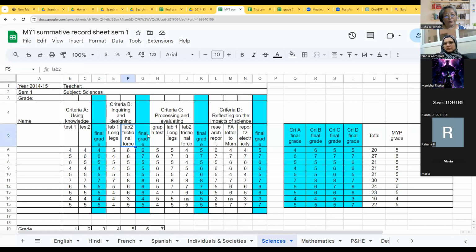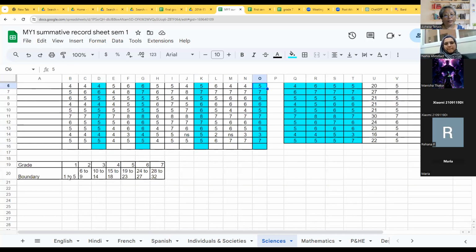In the 2 labs, the student has got a 5 and a 6. My best fit I have given a 6. For criteria C, I have done 3 tasks, so I have given a 5. Criteria D, I have done 3 tasks, so I have given a 5. So this is from July to December. And then I put these 4 final grades over here for criteria, the best fit approach, and then I did a total. And after I did a total, this is my grade boundary.